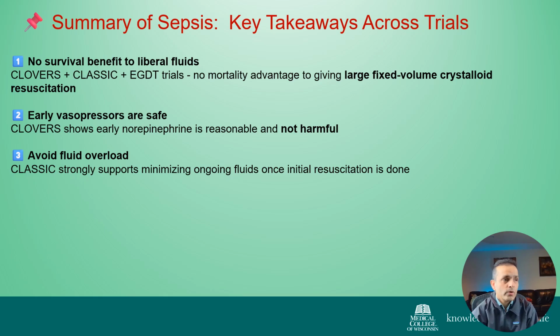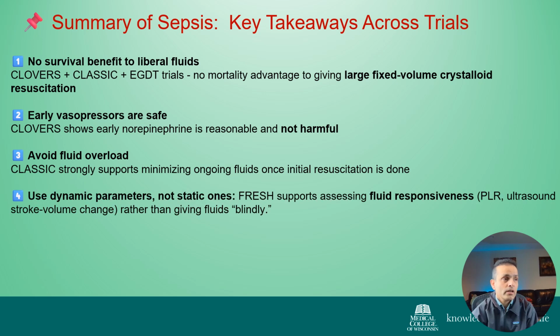Avoid fluid overload: CLASSIC strongly supports minimizing ongoing fluid once early resuscitation is done, and use dynamic parameters, not static ones. You can use different measures, including passive leg raising or ultrasound stroke volume change, rather than just giving fluid blindly.